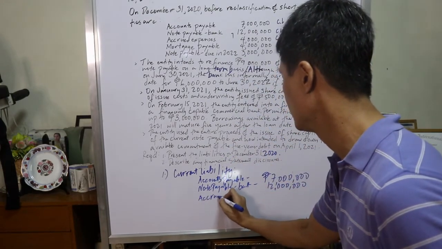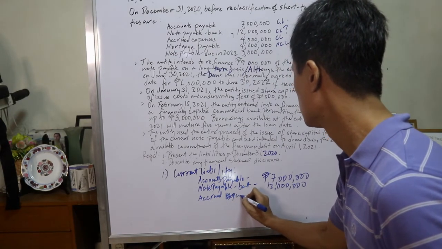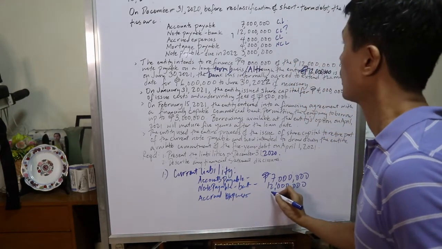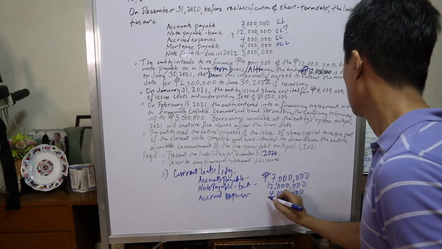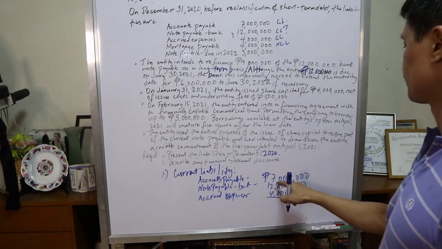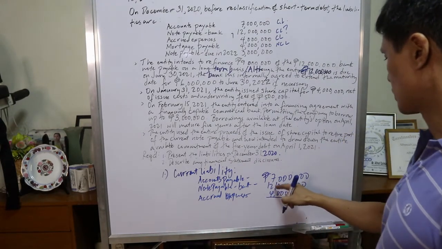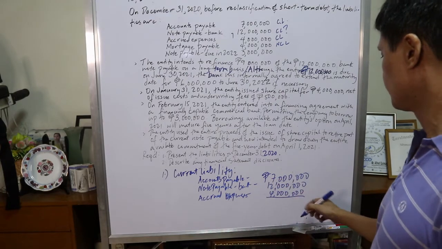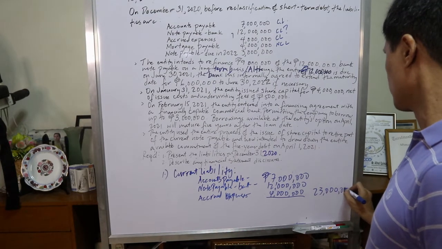Of course, that is 4 million. So this one is considered as 7 plus 12. And so 7 plus 12, that's 23 million. So this is your current liability.